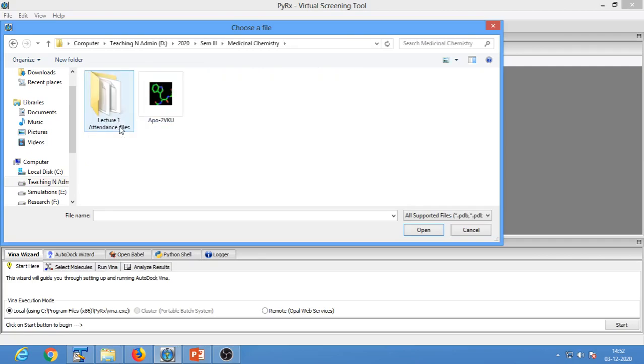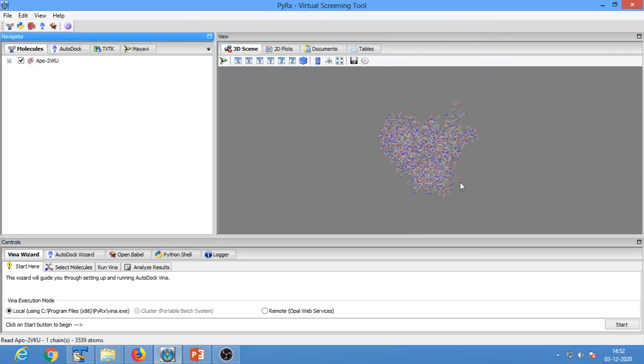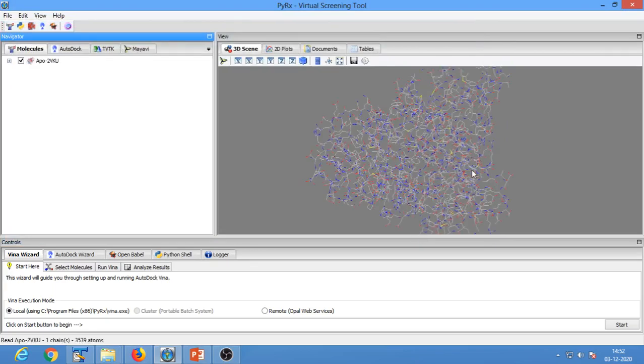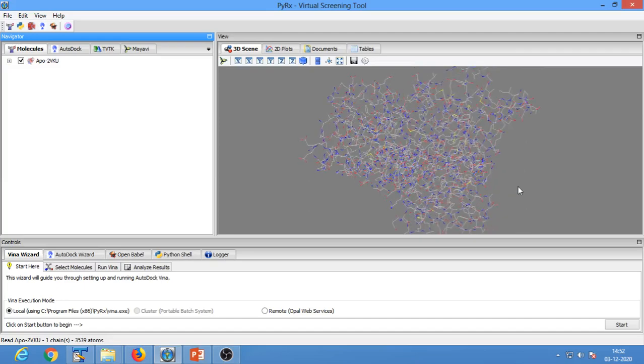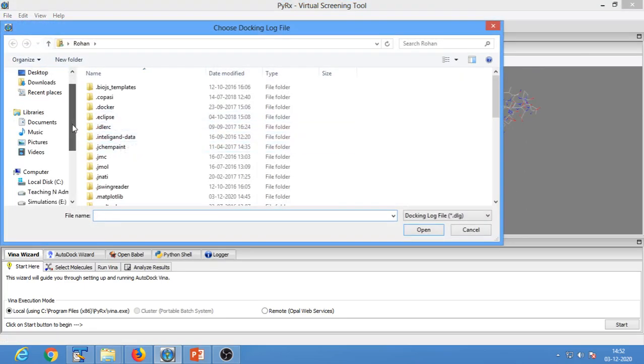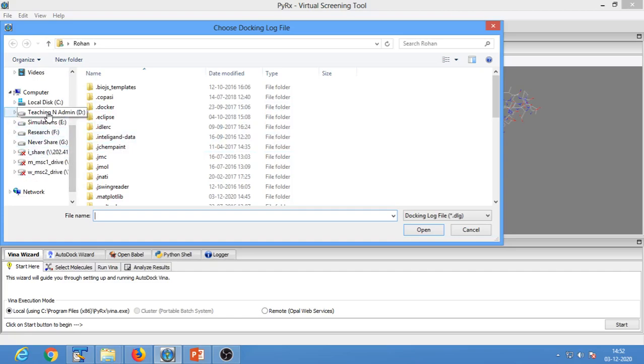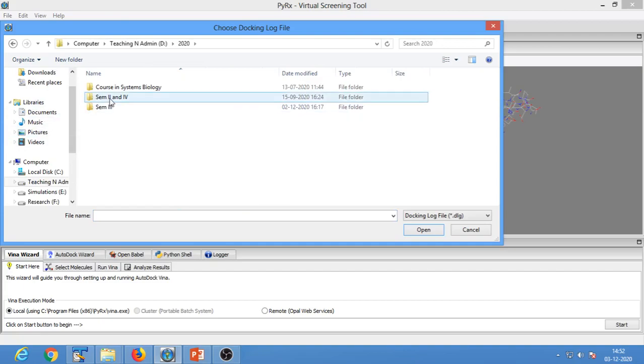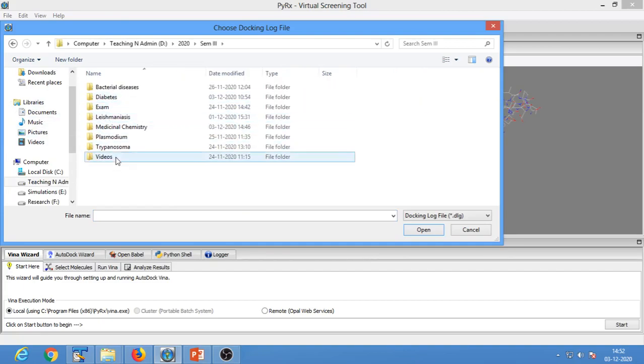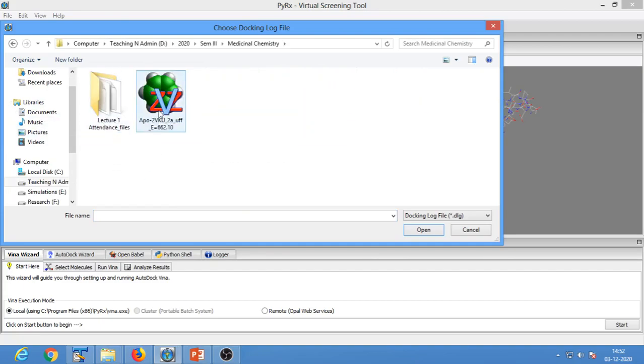This is your protein molecule, this is your receptor molecule that you have prepared. Now I already have a few results that I would like to show you. They are placed somewhere here.